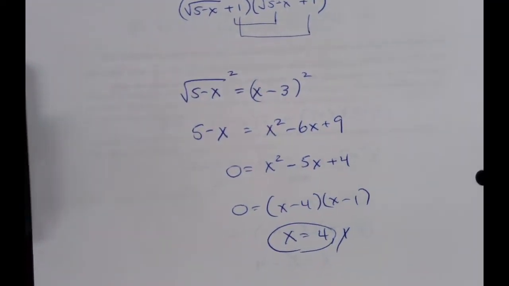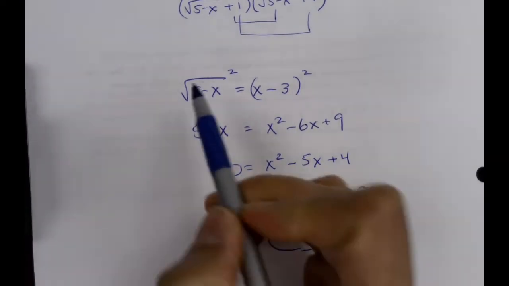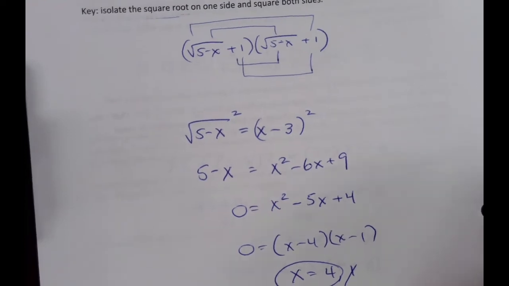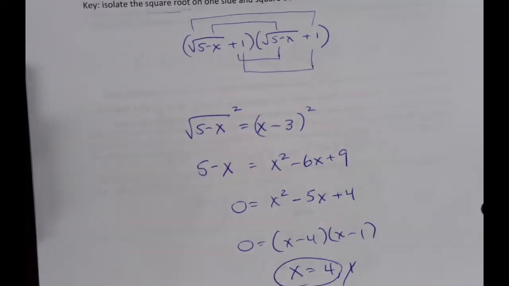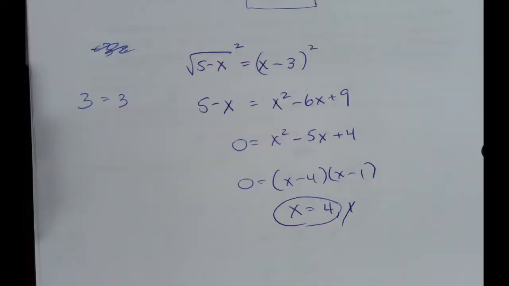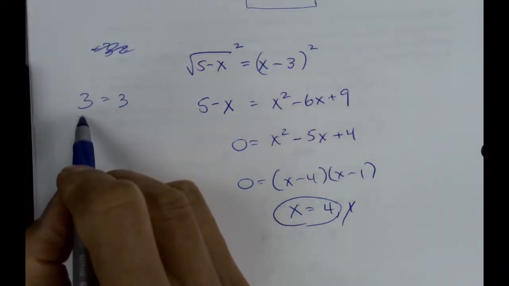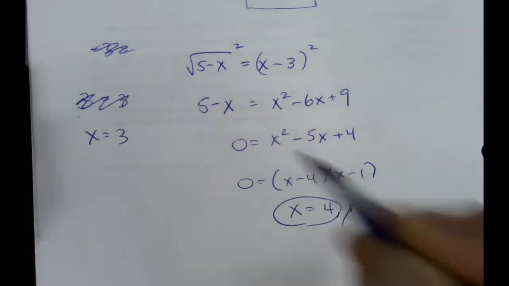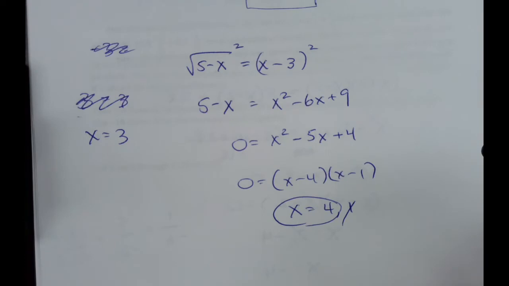Now, why is that? Sometimes when you square both sides, you can introduce an extra solution into the picture. Let's say I have a statement, let's do x equals 3. That's what x is.